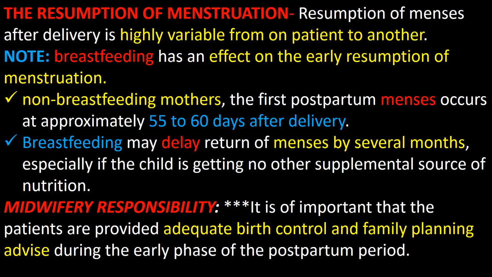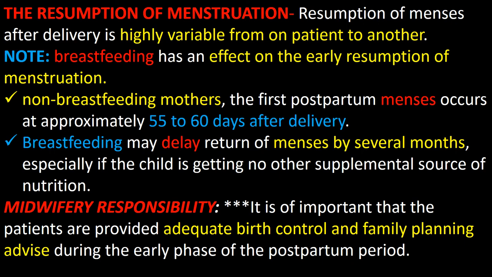And does this mean na hindi ulit mabubuntis si nanay kaagad-agad? Yes. That is the reason why breastfeeding is also a form of family planning. And this is what you call lactational amenorrhea method. Now, what is your responsibility when it comes to resumption of the menstruation?